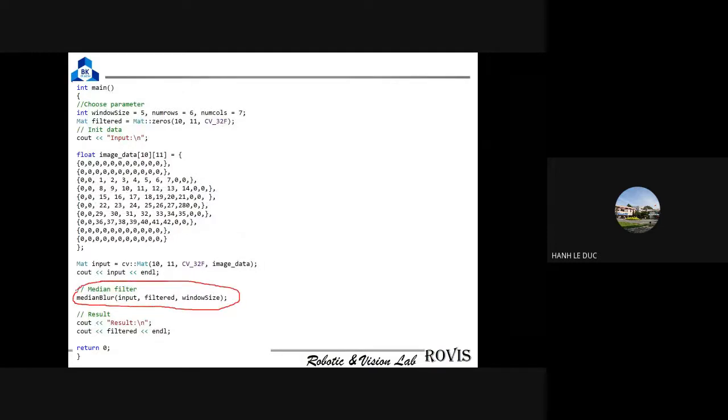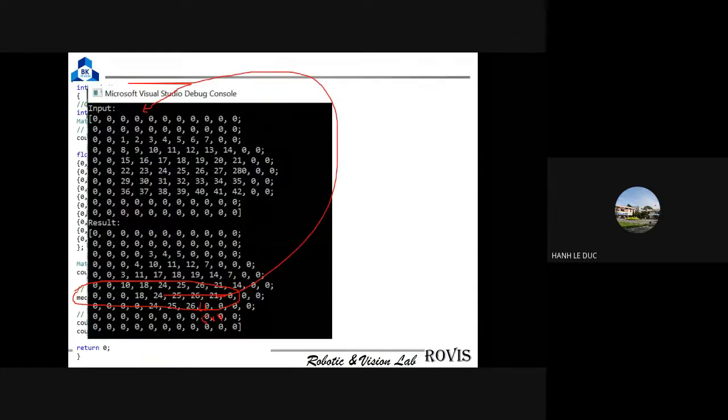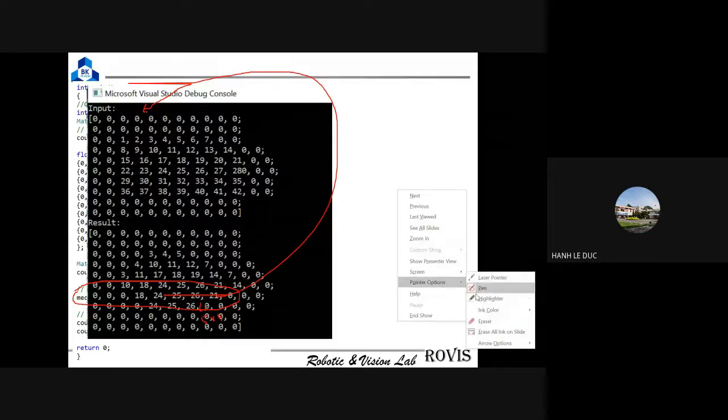Here we have the function called median blur. After you do the median blur function, the window size is 5x5. So this is the result here.